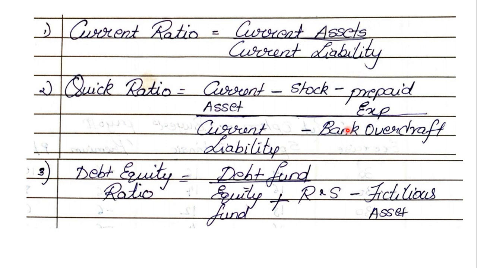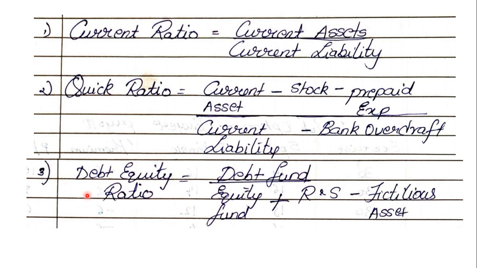So basically quick ratio is nothing but quick current asset upon quick current liability. So from current asset, when you minus stock and prepaid, or if you do not take stock and prepaid at all, then all the current asset which are pending is nothing but quick current asset. Same way, if you discard bank overdraft, whatever is pending is current or quick current liability. Okay, so quick ratio is quick current asset upon quick current liability.